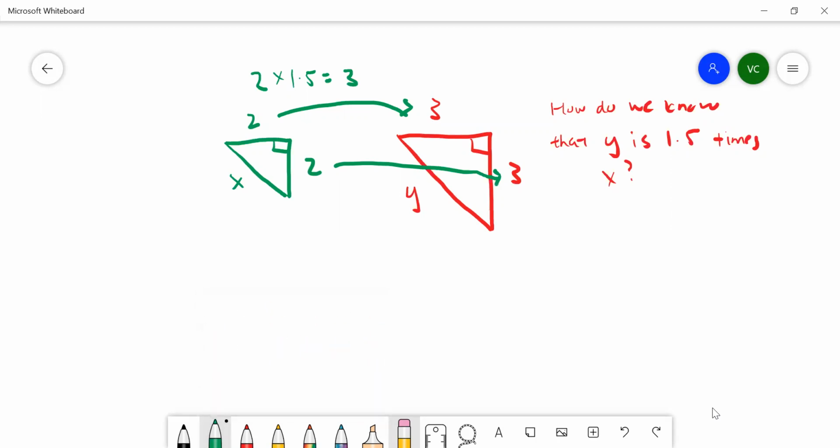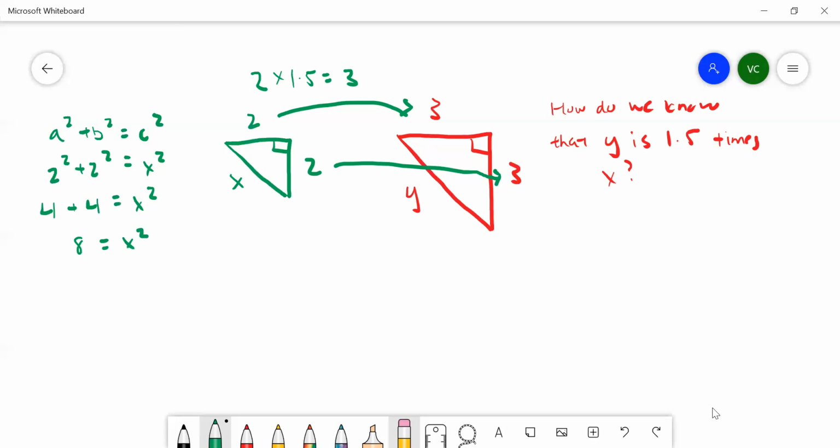Okay, so now I will do this for you. A squared plus B squared equals C squared. 2 squared plus 2 squared equals X squared. 4 plus 4 equals X squared. 8 equals X squared.